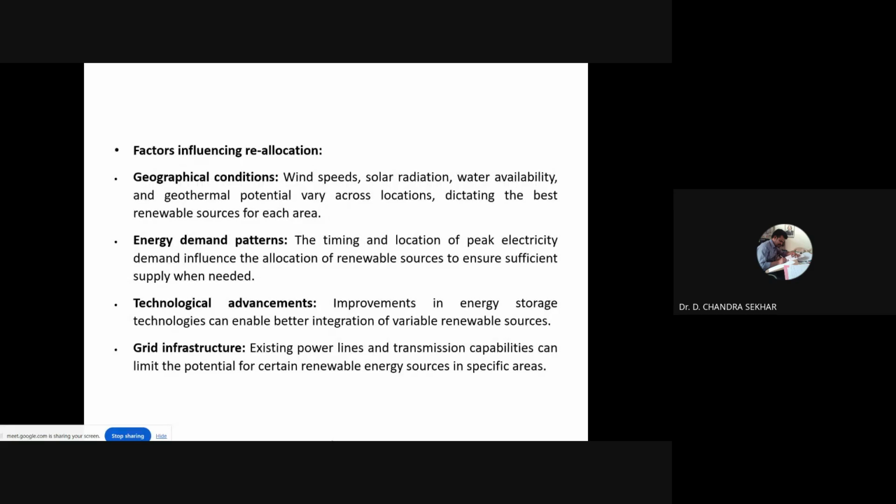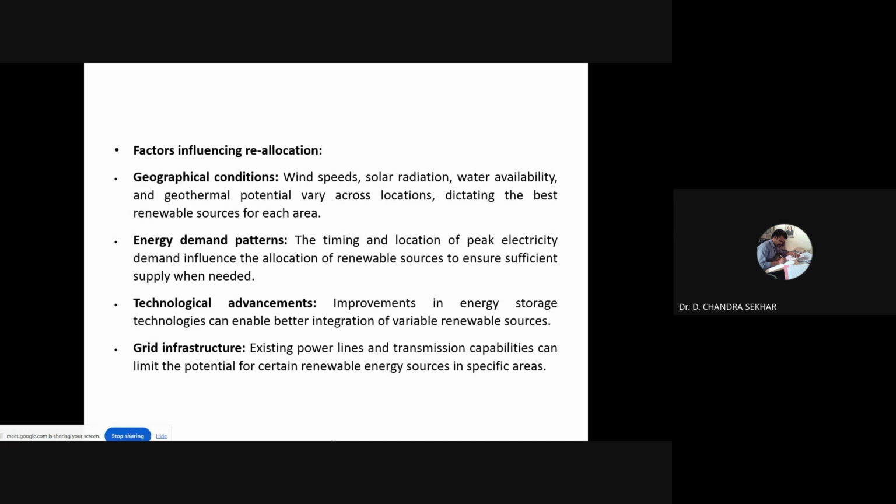And the factors which are influencing reallocation: geographical conditions. Just now I discussed this, because all renewable energy plants are intermittent in nature. The wind speed is not at all constant and solar radiation is also not constant.